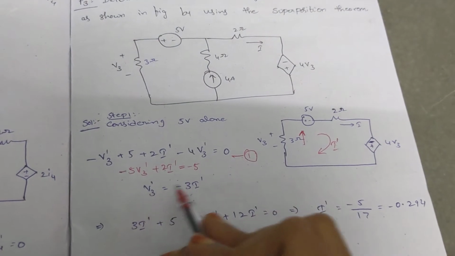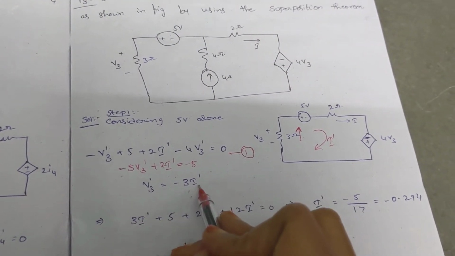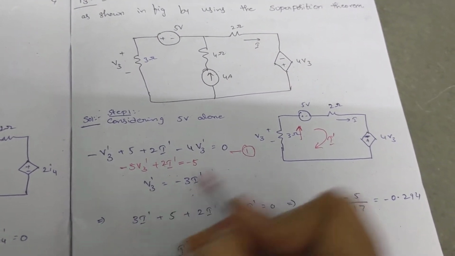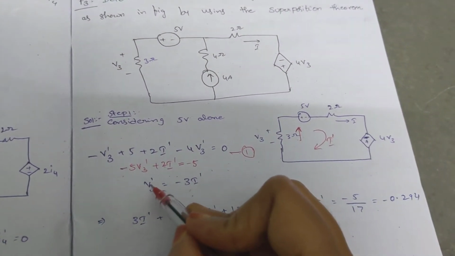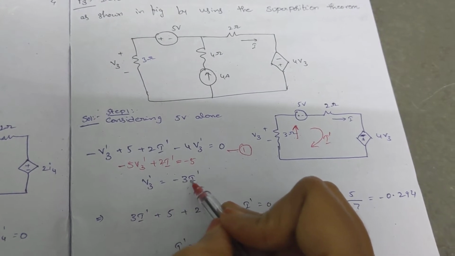So V3 dash equals minus 3I dash. This is the voltage drop across the 3 ohms resistor.